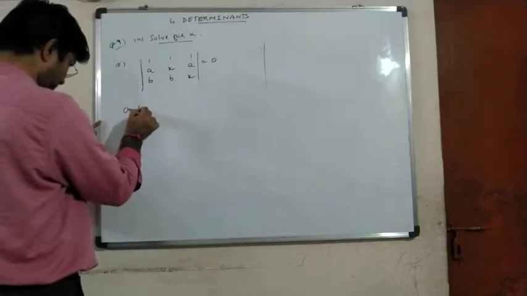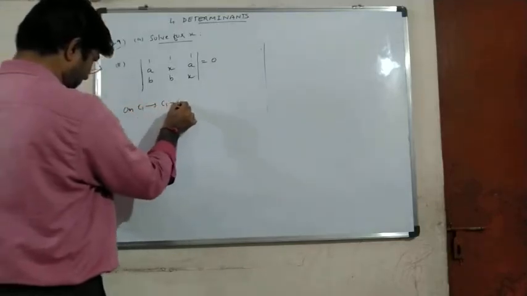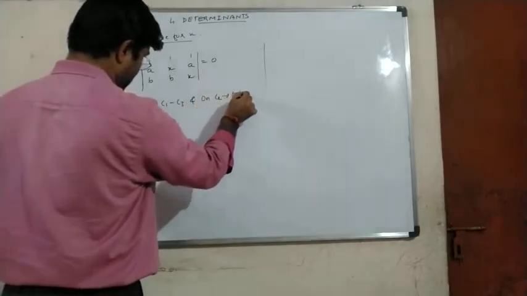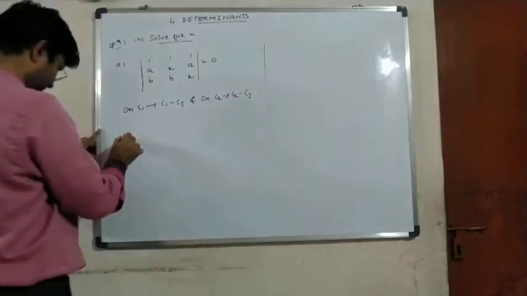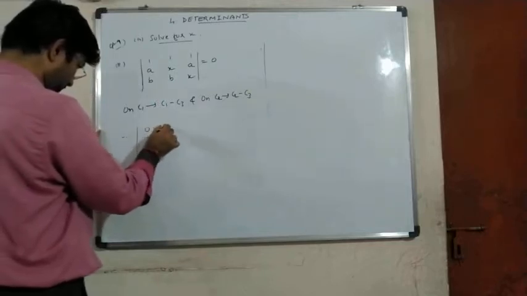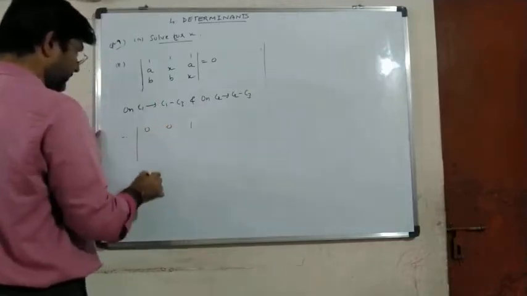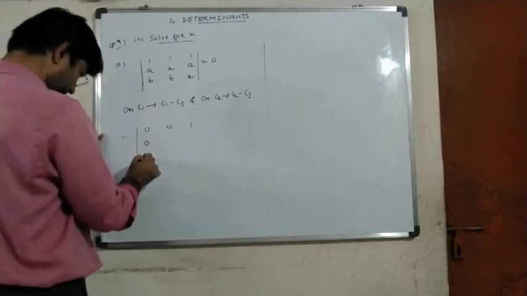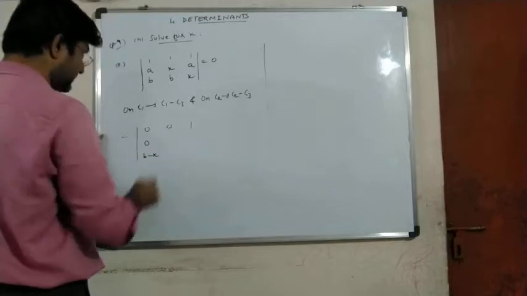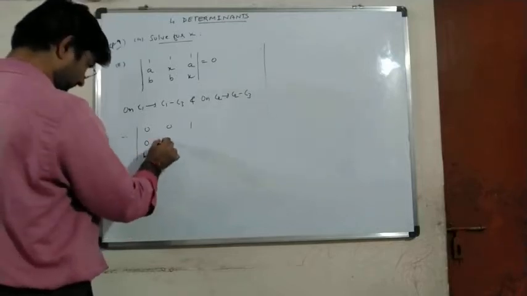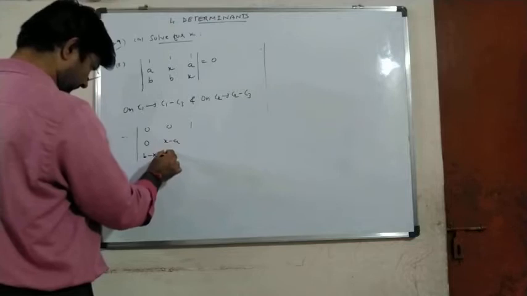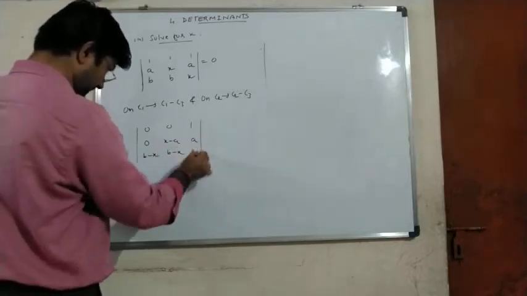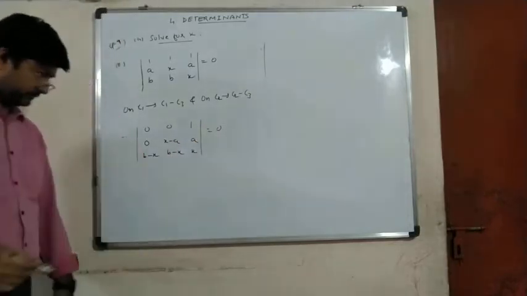So on C1 minus C3 and on C2 minus C3 we will carry on, therefore 0, 0, 1. Again a minus a is 0 and here we will get b minus x, again x minus a and b minus x, a x, equal to 0.